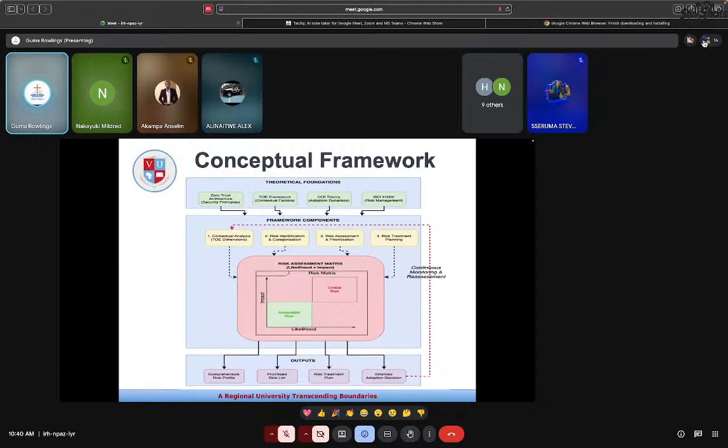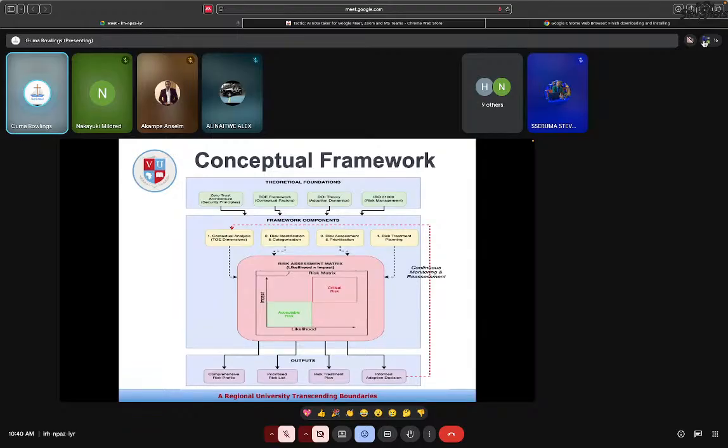With contextual analysis, we'll get a comprehensive risk profile. With the identification and categorization, we'll get a prioritized risk list. Then the assessment and prioritization will give us a treatment plan, and the risk treatment planning will give us the final informed adoption decisions.